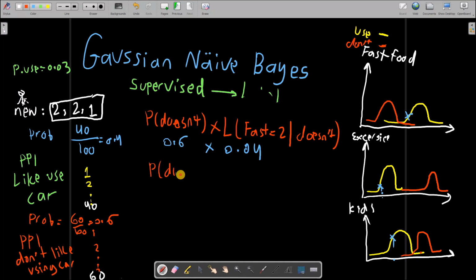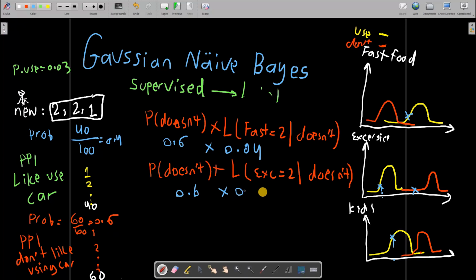The probability that he does not, multiplied by the conditional probability that he exercises, which is equal to 2, given that he does not. And again, we do the same calculation, 0.6 times, we need to locate where the likelihood is here for exercise 2. Let's say that this is 0.0002.